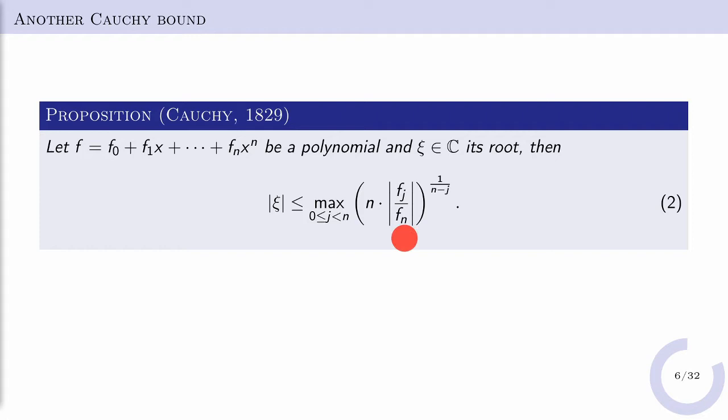So this is the coefficient of a normalized polynomial, of a monic polynomial obtained from f, and we understood already why it's here. But look at the exponent: it is 1 over n minus j.